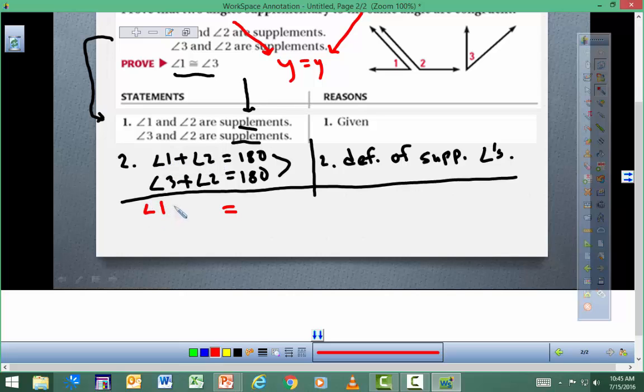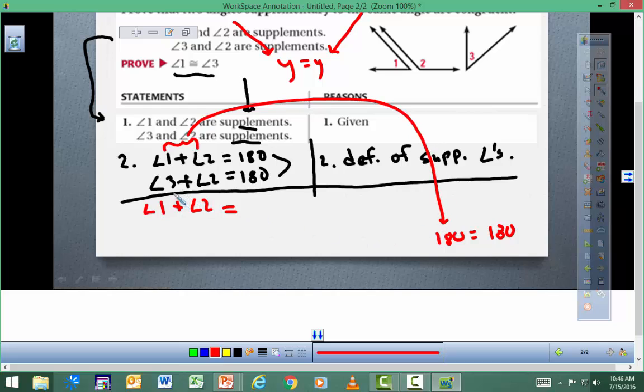So what I'm going to do is take this one and put it right here. Angle 1 plus angle 2. Alright? Let me just show you on the side what I'm going to do. I'm going to start out 180 is equal to 180. Okay? That's kind of what I'm doing. And I'm going to take this part right here and put it in right there.